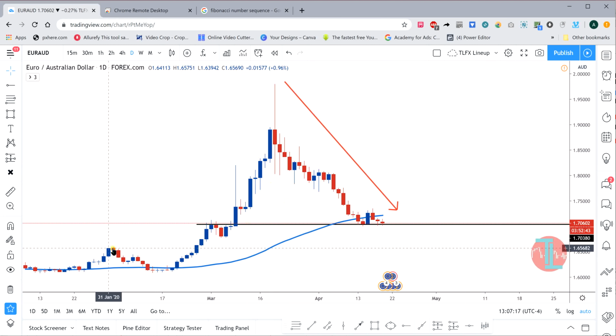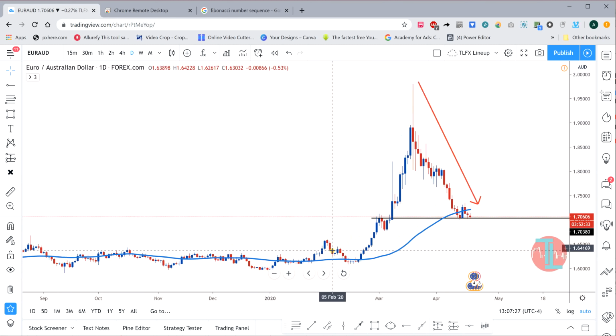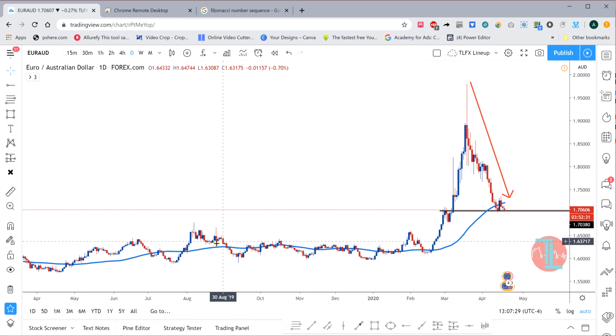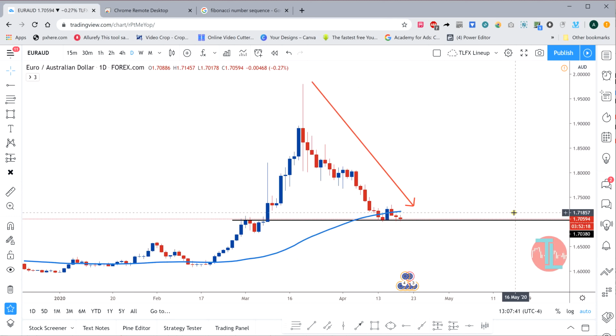I'm sure if I go back far enough, I will see a former floor become a new ceiling. New ceiling, former floor. Got it? Simple. Former ceiling becomes new floor.